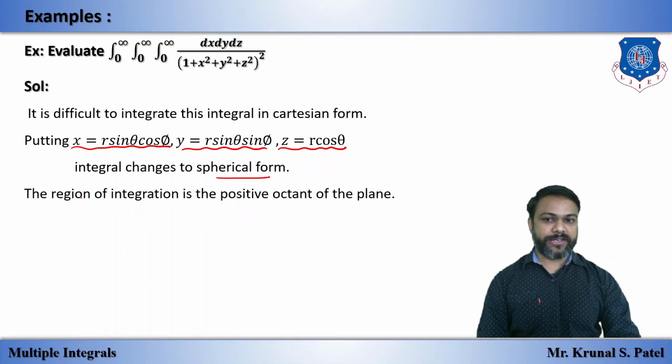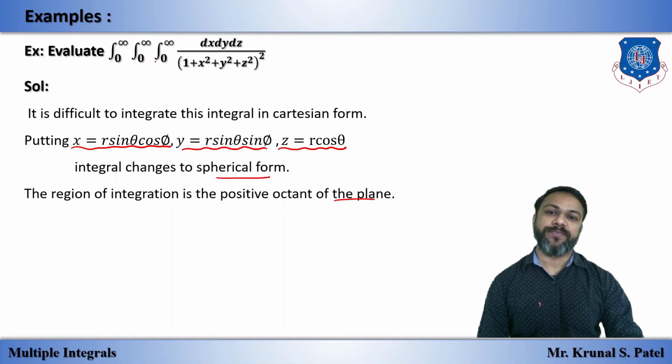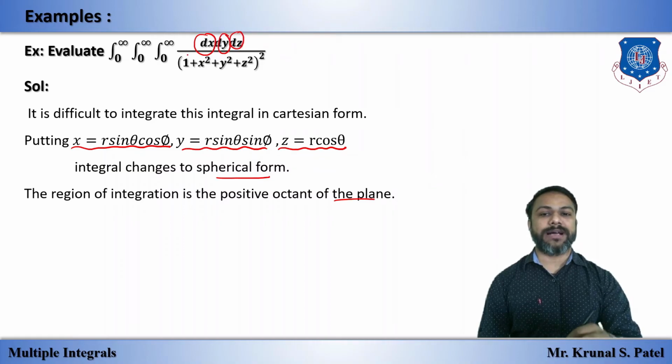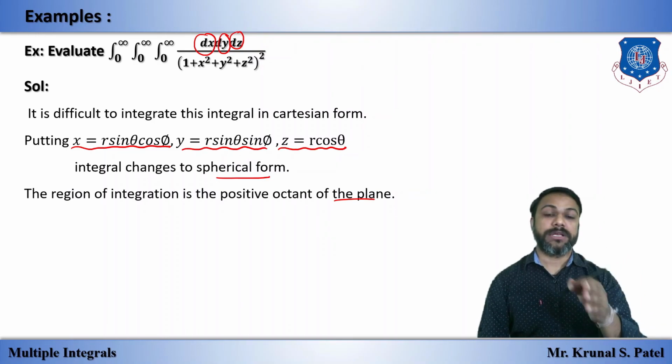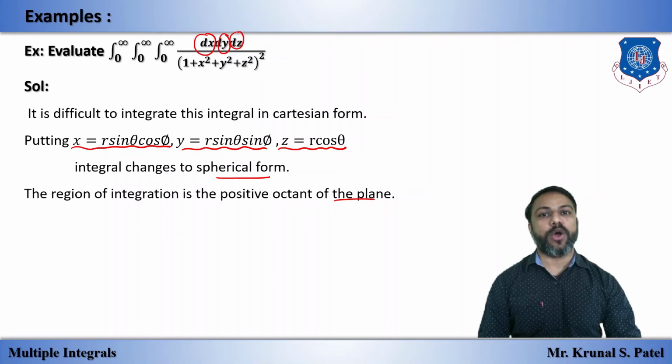The region of integration is the positive octant, because x, y and z all go from 0 to infinity. That means the first octant only, not first quadrant, because space gives 8 parts, that's why octant.